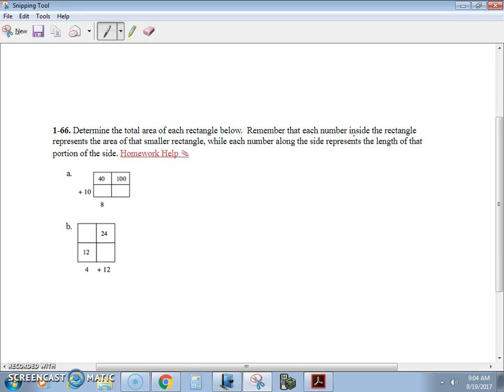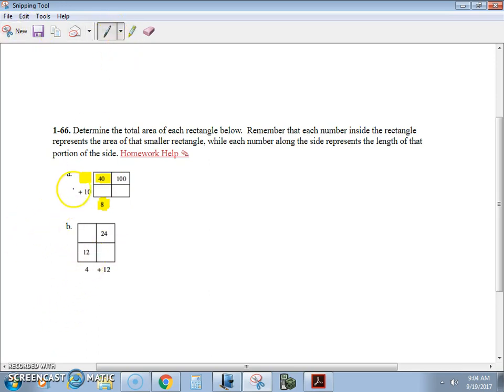Question 166, determine the total area of each rectangle below. Remember that each number inside the rectangle represents the area of that smaller rectangle, while each number along the side represents the length of that portion of the side. All right, so we know that 8 times some number is going to give us 40.